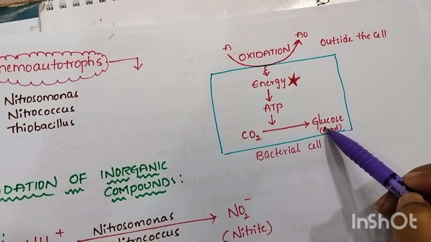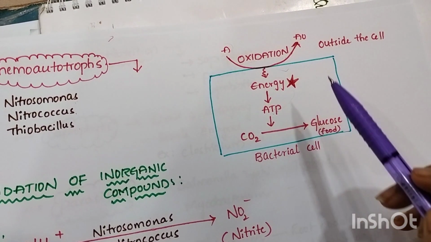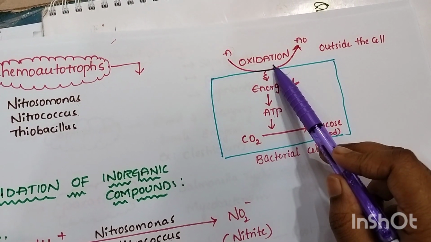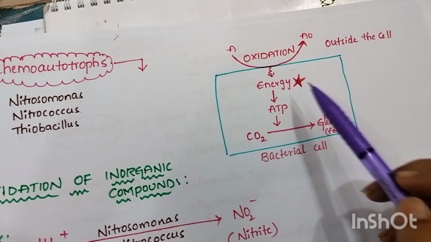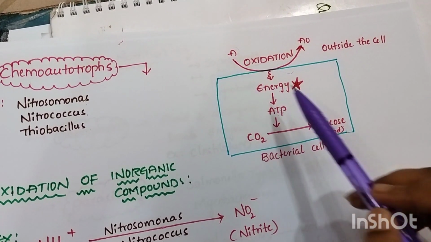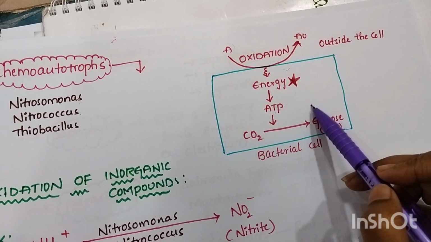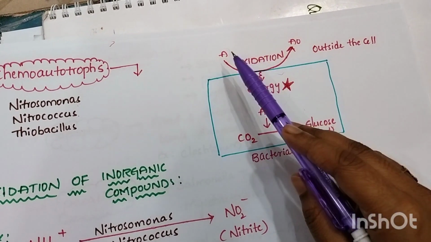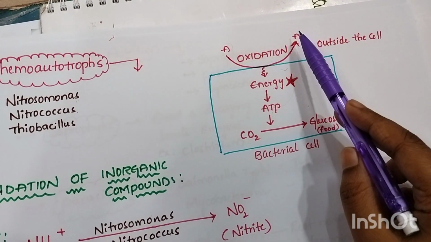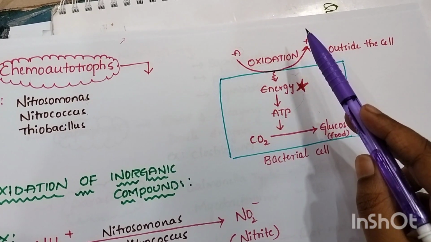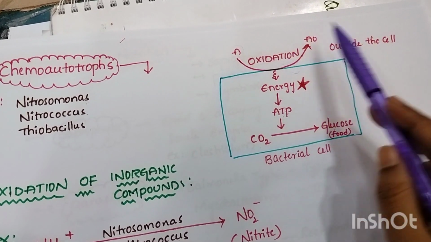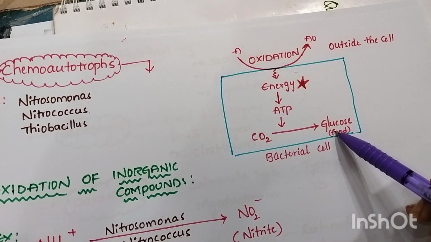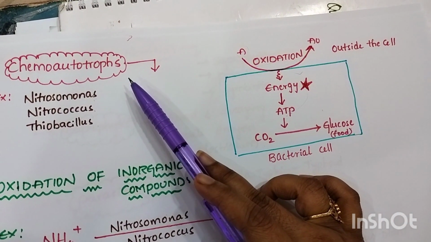So ultimately, this bacteria is preparing its food by doing a process called oxidation. So we can say that this bacteria is preparing the food by using chemicals, right? Oxidation of ammonia and nitrite. So the ammonia and nitrite are nothing but chemicals. From the chemicals they are obtaining the food, so that is called chemoautotrophism.